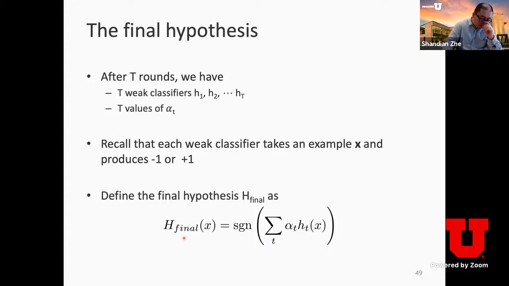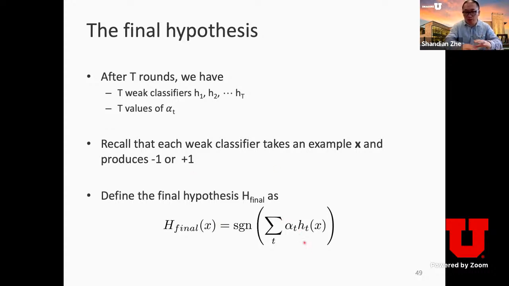So how do we make the prediction at the final stage? We do a weighted combination, a linear combination, of the predictions of each individual hypothesis. And then we take a look at the sign of the sum. Why? Because each h_t(x) either gives a positive prediction 1 or a negative prediction -1.